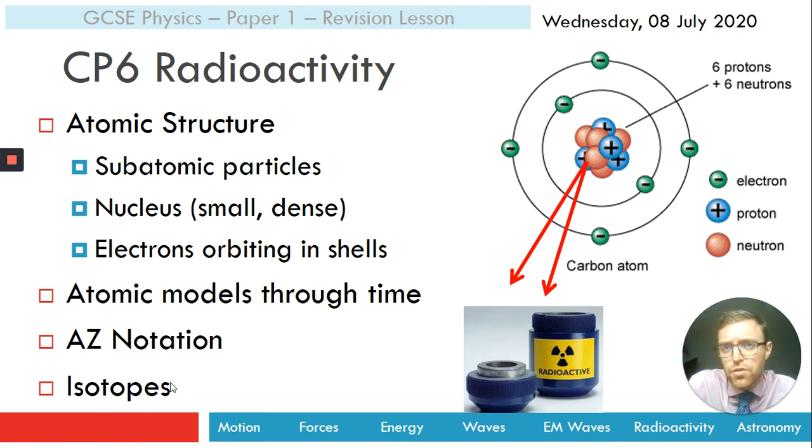Now remember, if you don't know the answer to any of these, you don't know any of the definitions, then check out the link below the YouTube and check out the other online lessons that we did on radioactivity, which was, I think, lesson 2 and lesson 5. Also, I'll include a link for BBC Bitesize for you to check these out.